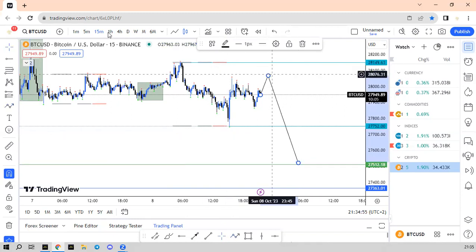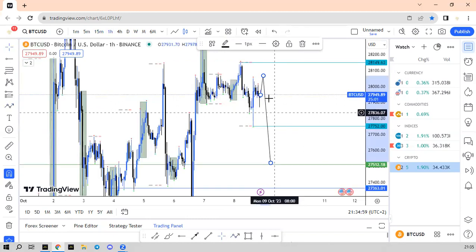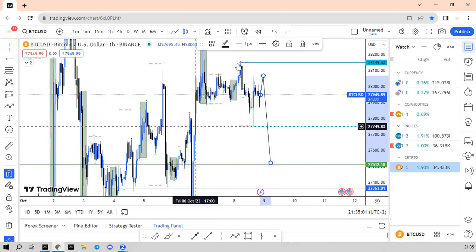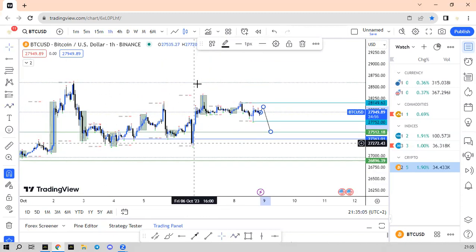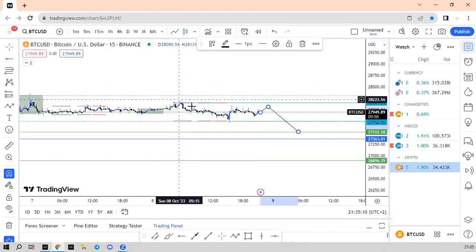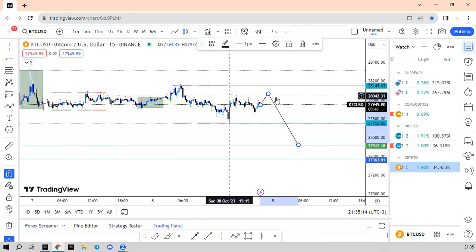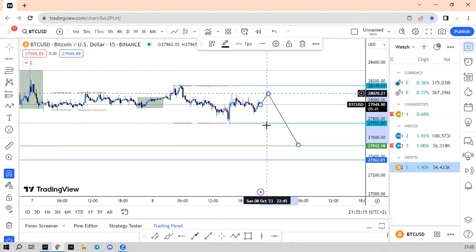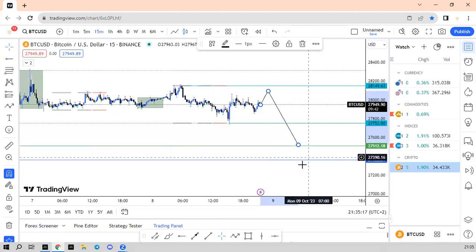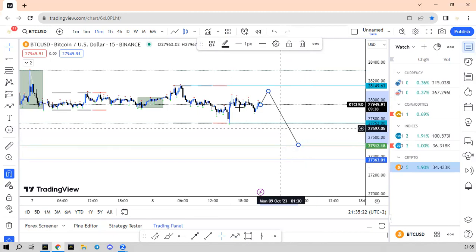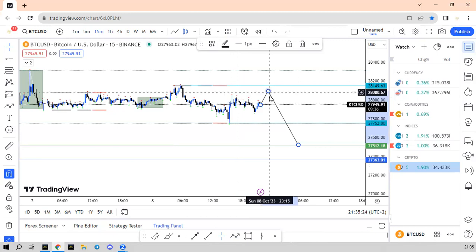Then on the higher time frame, I'll counter with this range. From here to here is H1, from here to here is 15 minutes. So I'll look for a counter trade, a sell, and look for a buy at the same time. So yeah, we'll see.